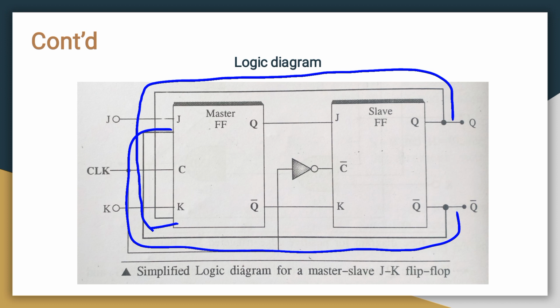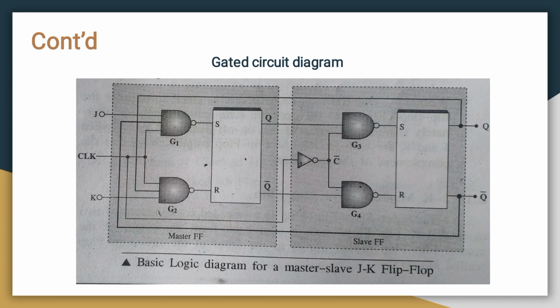So let's see the gated circuit diagram. Again the concept is the same. Here you have to use the SR. Next, G1, G2, G3 and G4. These are the NAND gates. Inputs J and K, and outputs Q and Q bar, are given to these gates. Next, the clock you have to give.